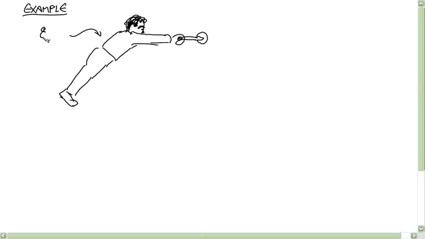Mass of 80 kilograms. And let's say in this position, his center of mass is right here. That distance is 1/2 a meter.